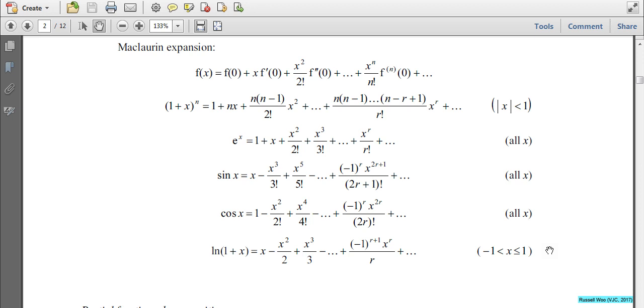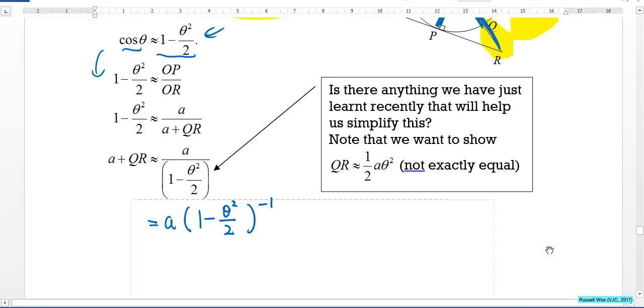And the question already says that theta cubed can be ignored. So I'm going to write this next: 1 plus nx. Correct?